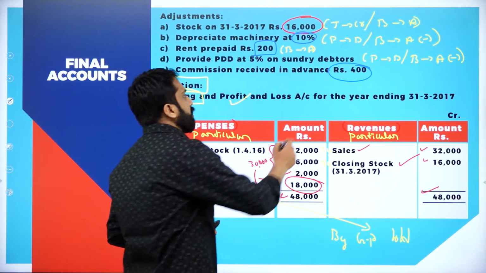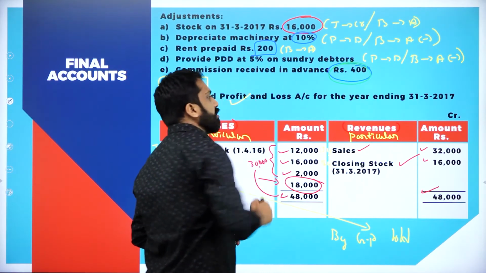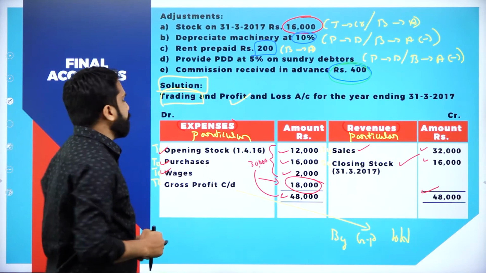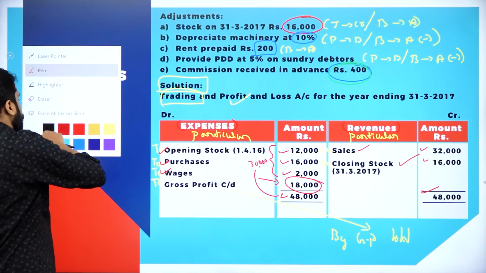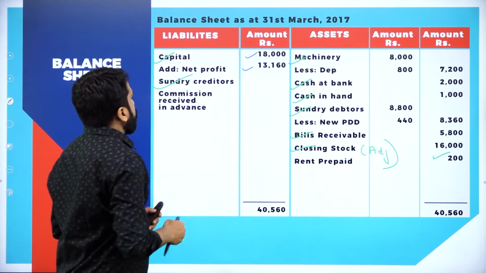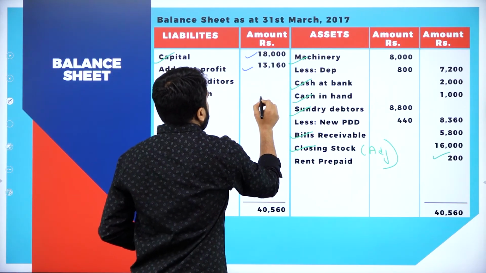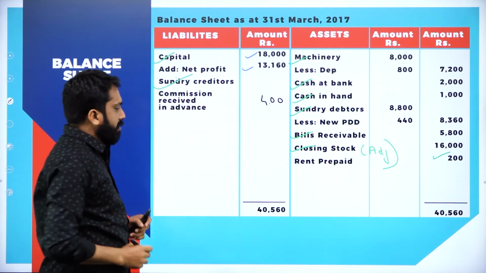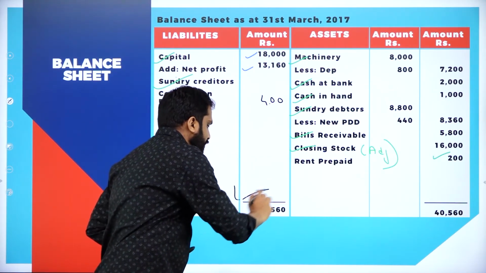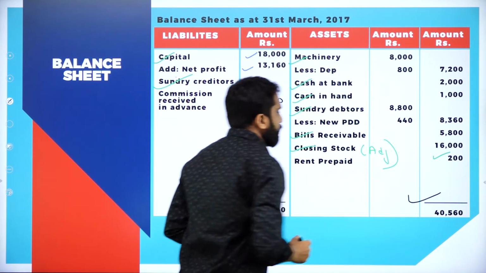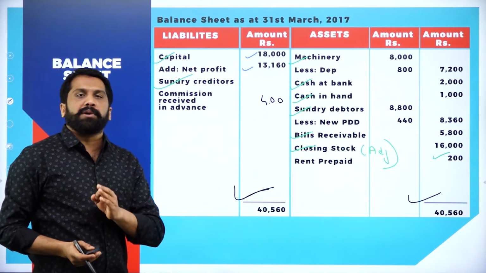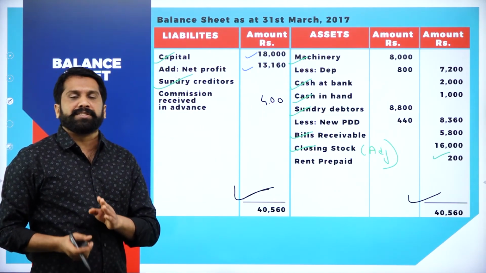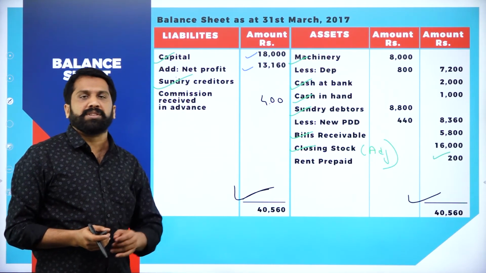As per the adjustment, commission received in advance is how much? 400. Now, commission received in advance, it is 400. If you add everything, you will get 40,560 and 40,560. This is all about your balance sheet. Just what I did, copy paste work.